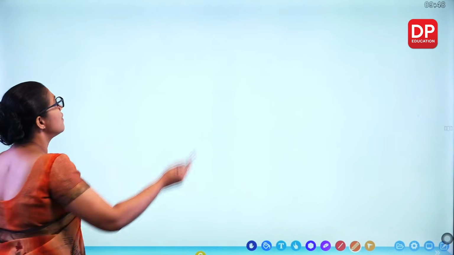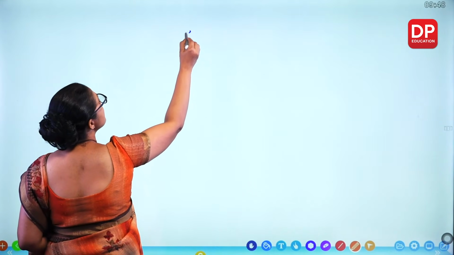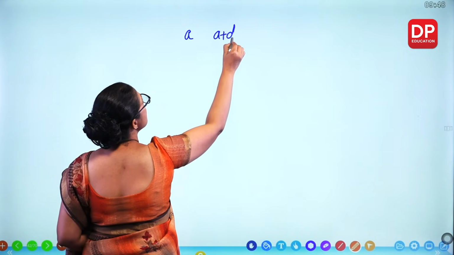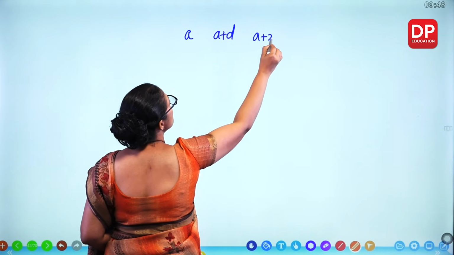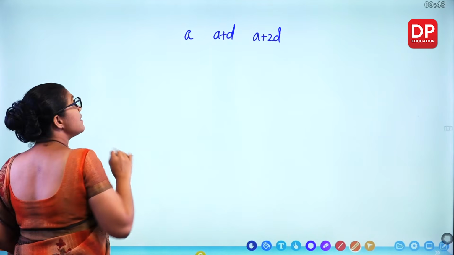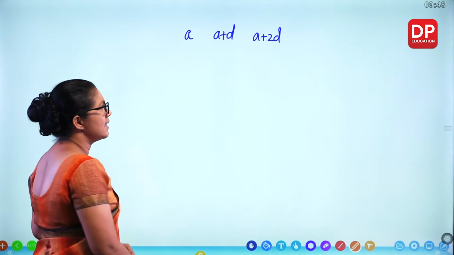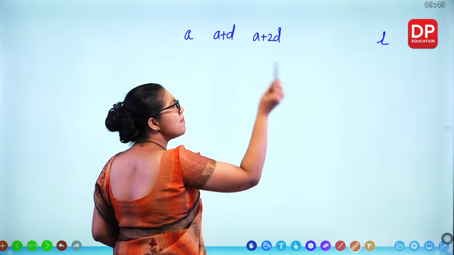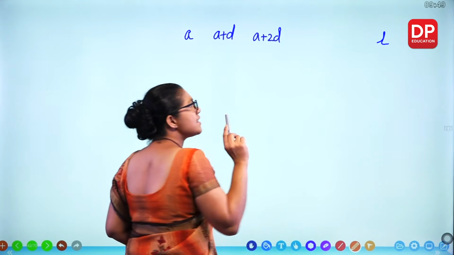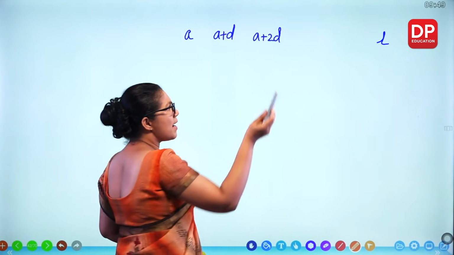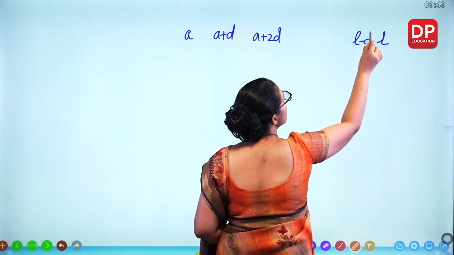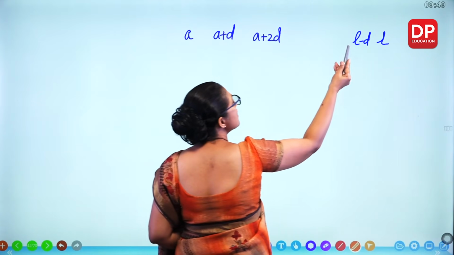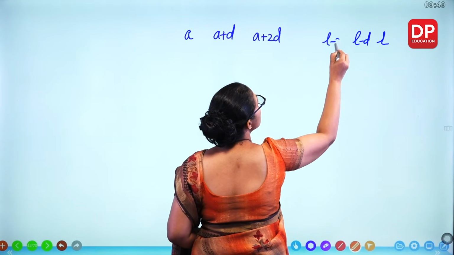We'll take the first term as A, the second term A plus D, the third term A plus 2D, and the last term I'll take as L. L is the last term. And one before that, how can you write it in terms of D? L minus D, because when we subtract D, you get the previous term. Then subtract another D, L minus 2D.